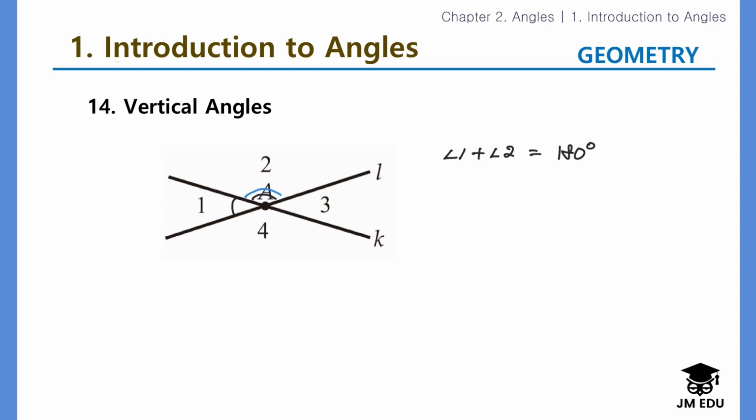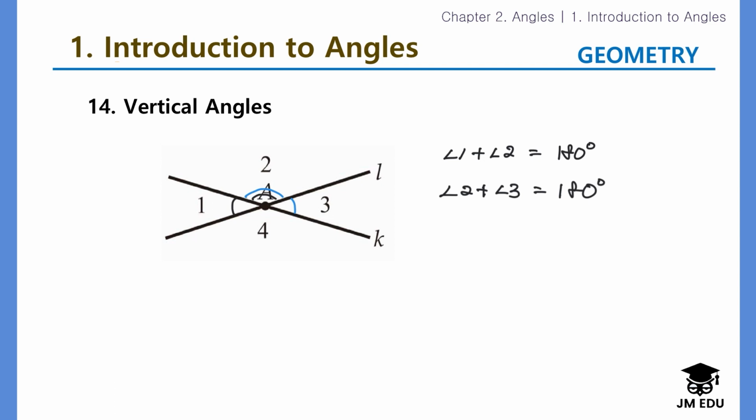So angle number 2 plus angle number 3 is also 180. So the sum of these two angles is 180, and the sum of these two angles is 180, which means the sum of these two angles is equal to the sum of these two angles, right?